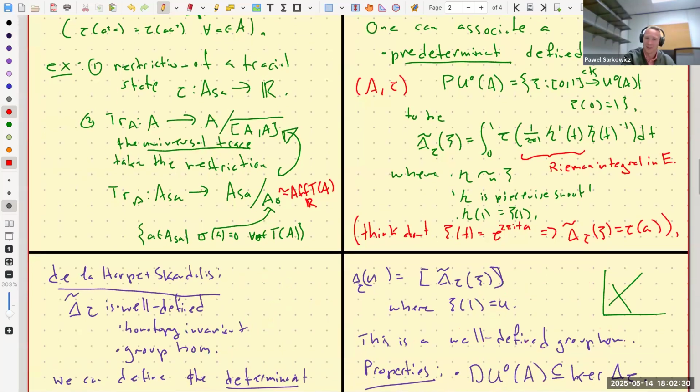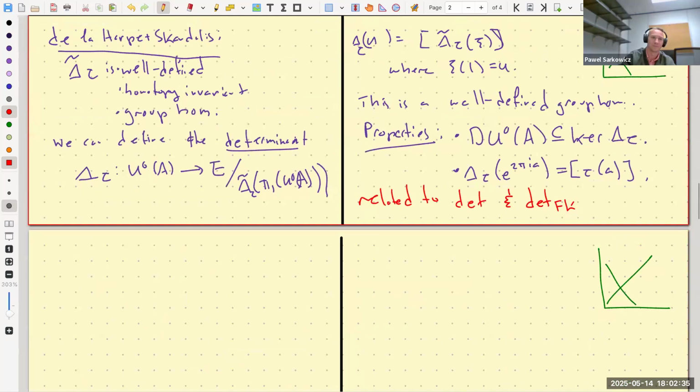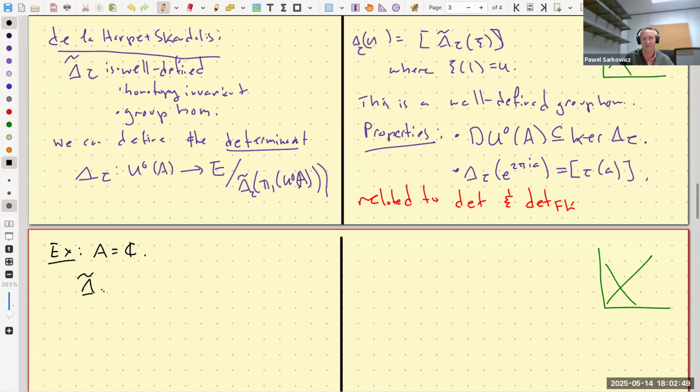Okay, I think it's worth looking at the example with the complex numbers, right? A equals C. Well, the determinant gets kind of boring. We have that the predeterminant of tau. Well, what's our trace? Well, let's take the identity function. This is just a map from the paths of our unitary group to the real numbers.